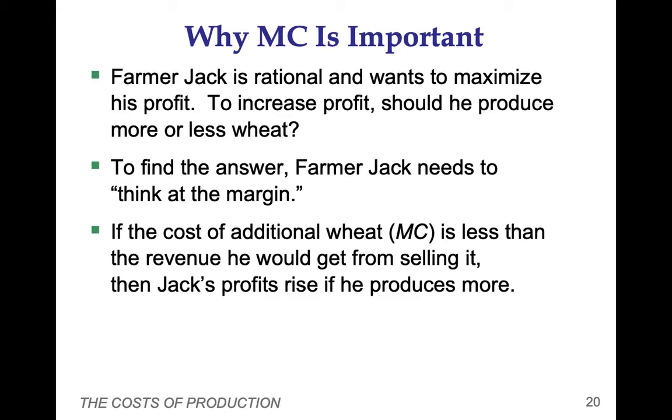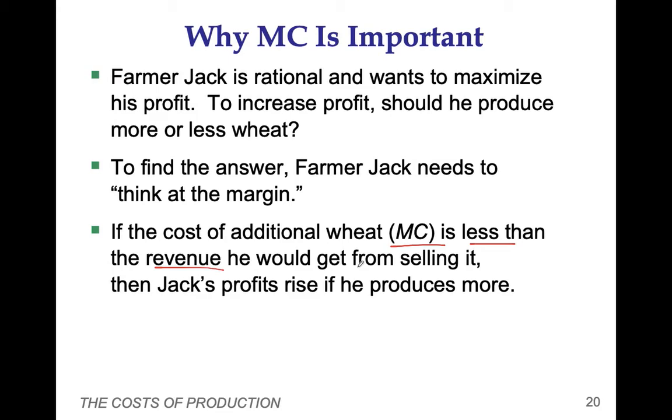If the cost of additional wheat is less than the revenue he would get from selling it, then Jack's profit rises if he produces more. Why? Because the cost of that additional unit, which is MC, is less than the revenue he would get from selling it in the market.